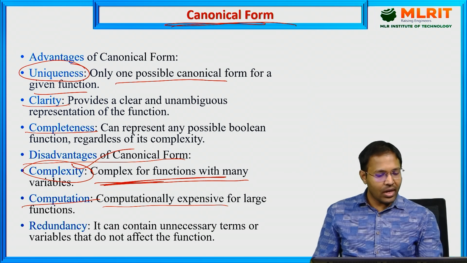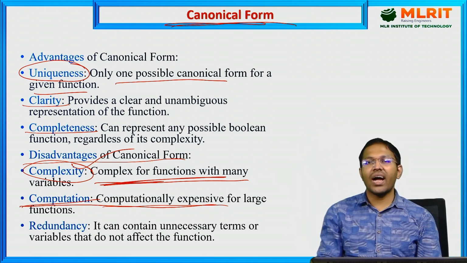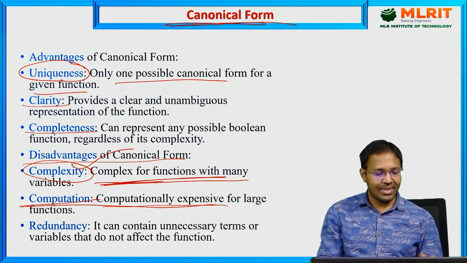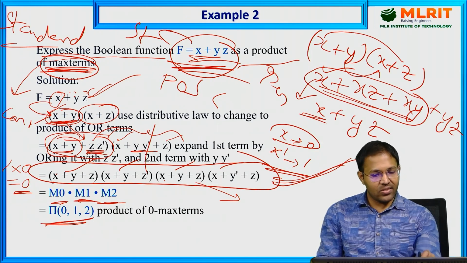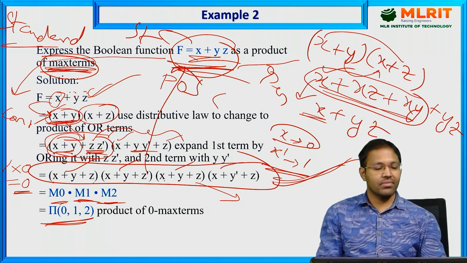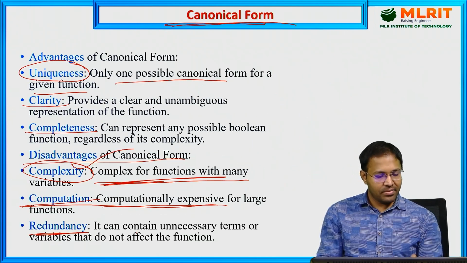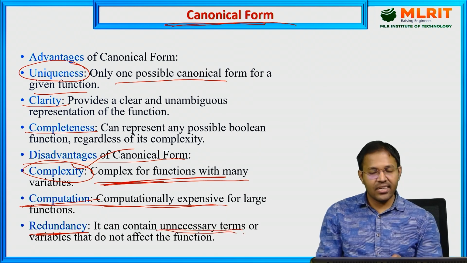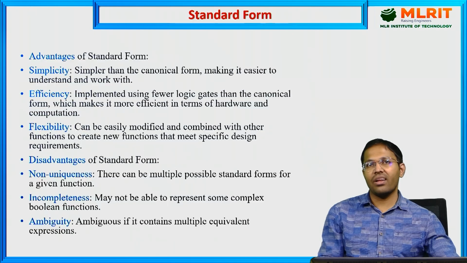So, computationally expensive. You have to include more hardware to perform the computation. Redundancy. We have seen you can reduce this one into this. So there are unnecessary extra terms that we have in the case of canonical form.